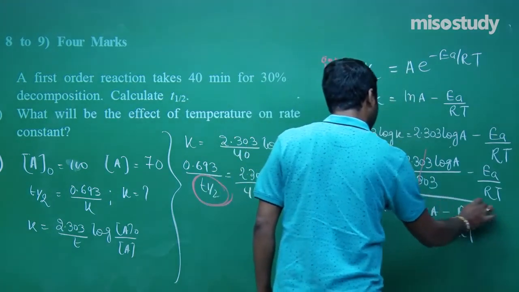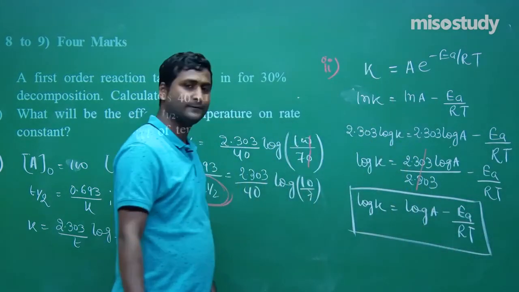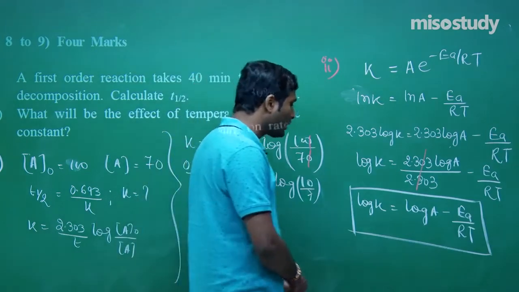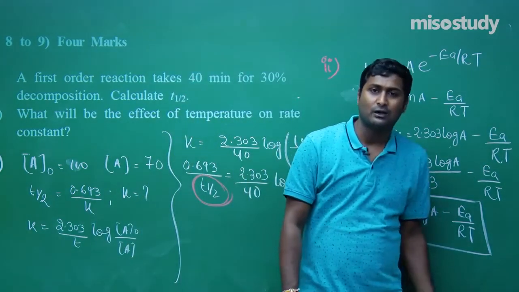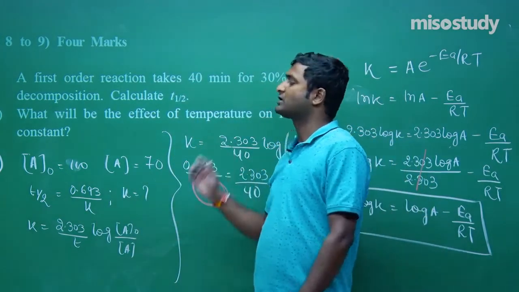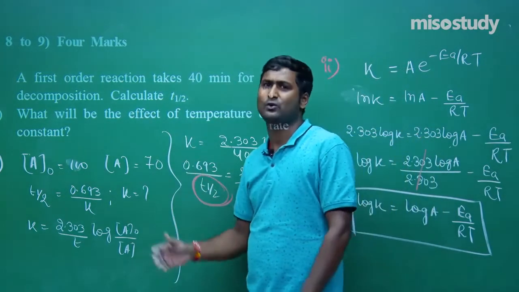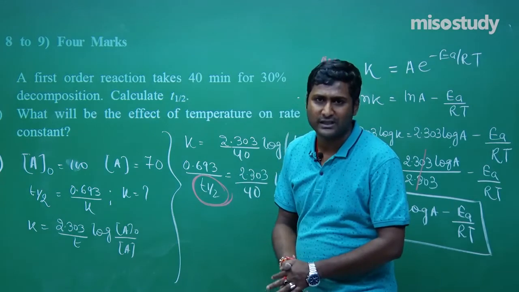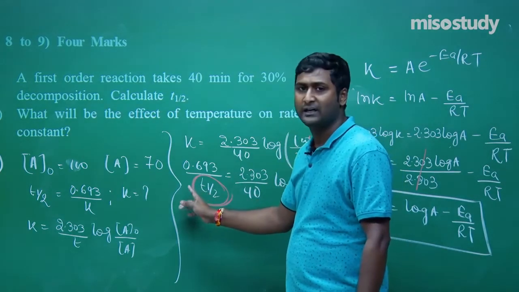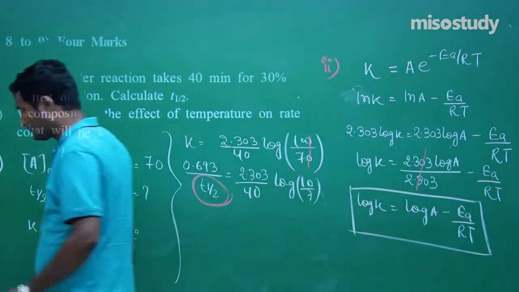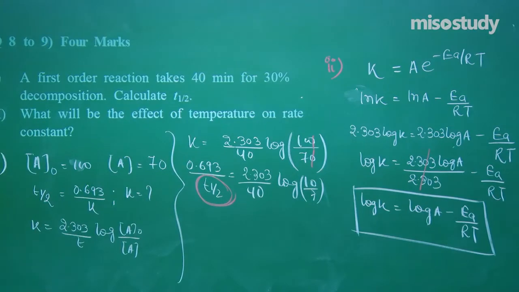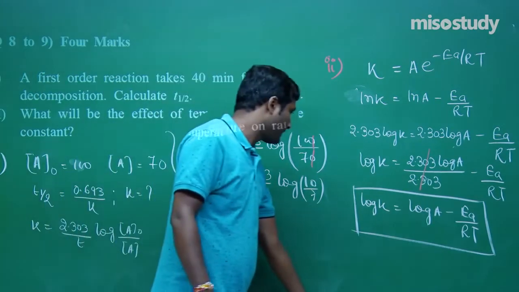This is the expression, my friend. That is the variation. Clear to you? The question looks tough, but the questions are not so tough, my friend. If you have a command over the theory, then definitely you can solve such kind of questions. I am giving you a few seconds to note it down. I think, friend, you have noted it down. Let's move to the next segment.